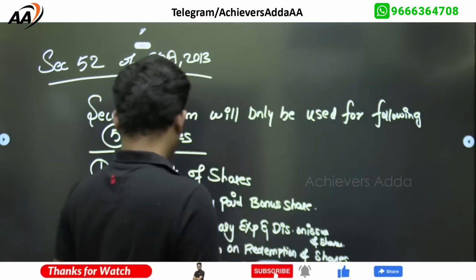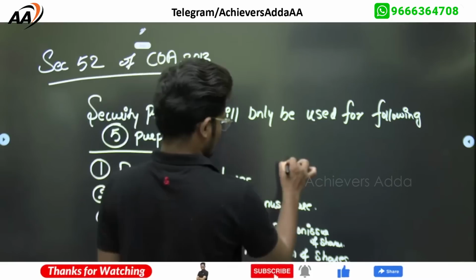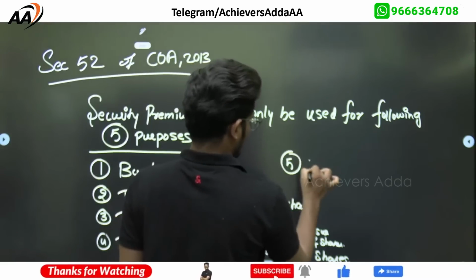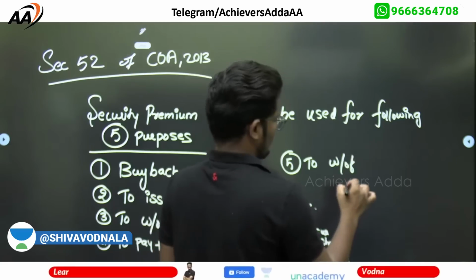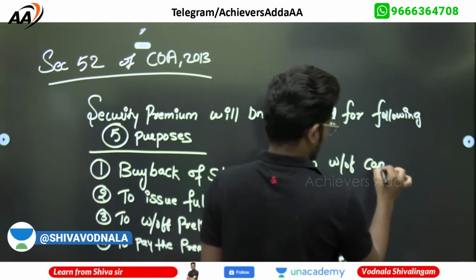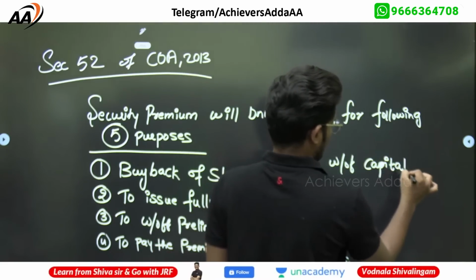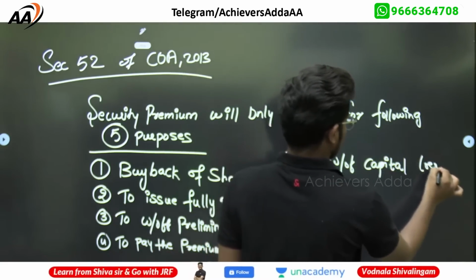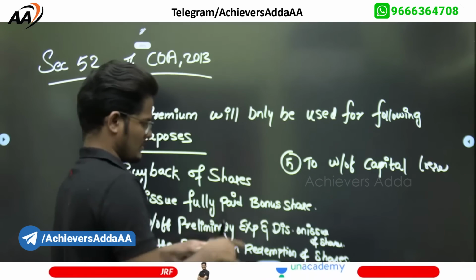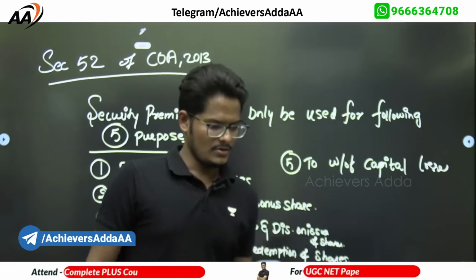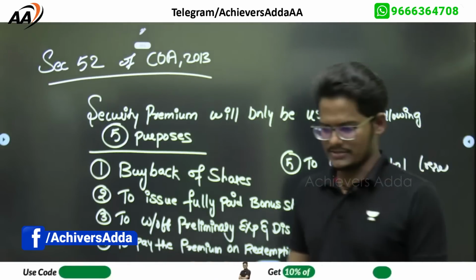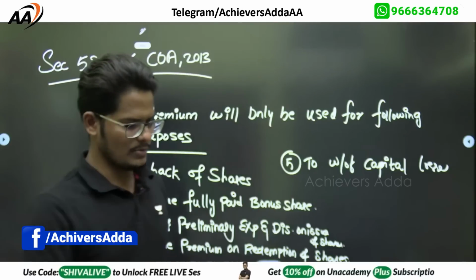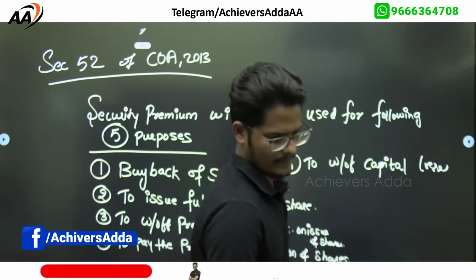And not only this, to write off the capital losses. Actually, the capital losses include the discount on issue of shares, not like that. Big capital losses you can write off.